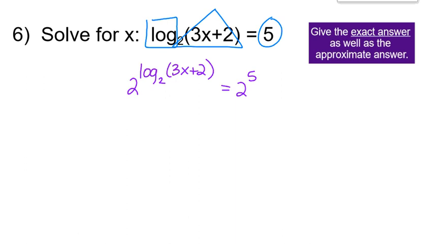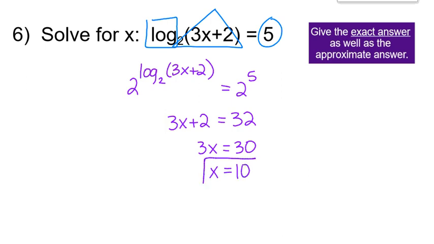On the left, the 2 to the power and the log base 2 are inverse functions which will cancel, leaving us just with 3x plus 2. And on the right, 2 to the 5th is 32. So let's just keep going until we get x by itself. Subtract 2 from both sides and divide by 3. x equals 10 is our exact answer, and there's no need for an approximate answer here.